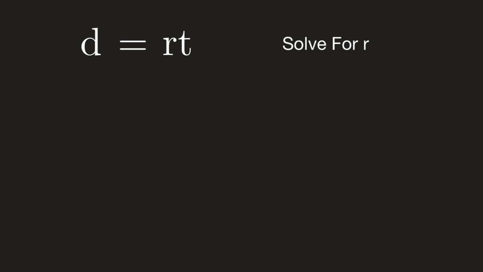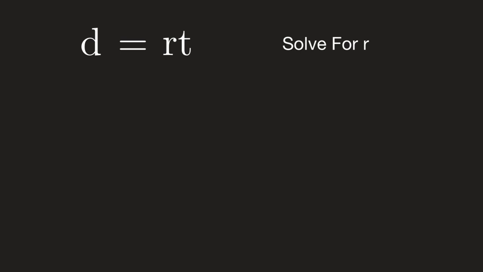Let's say that you were getting ready to get an assignment where I'm going to give you a bunch of distance problems. And I'm going to ask you to find the rate. I'm going to give you the distance. I'm going to give you the time. I want you to find the rate. And so something that you might think to do is you might go, you know what? I got this distance formula.